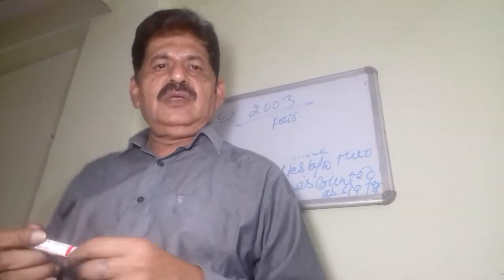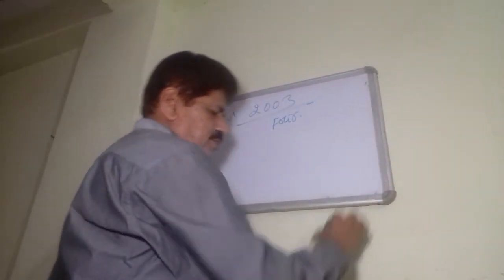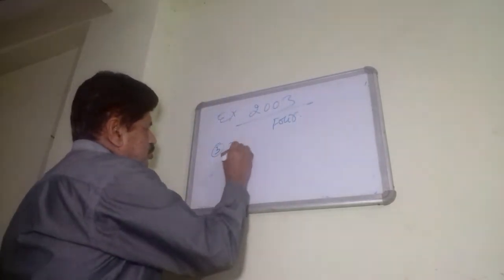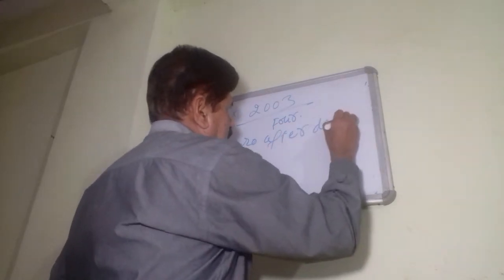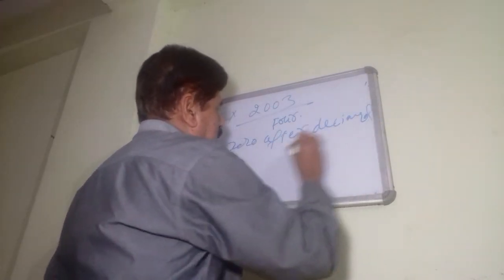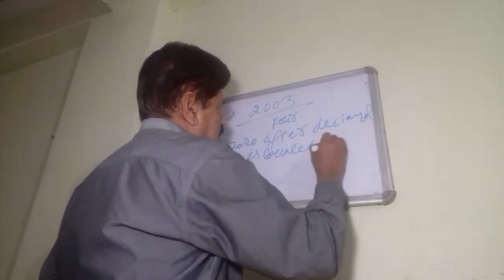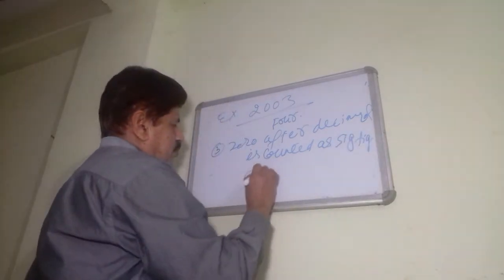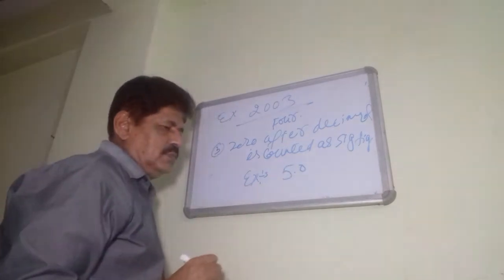Next, the 0 after the decimal is counted as a significant figure. Example, 5.0.